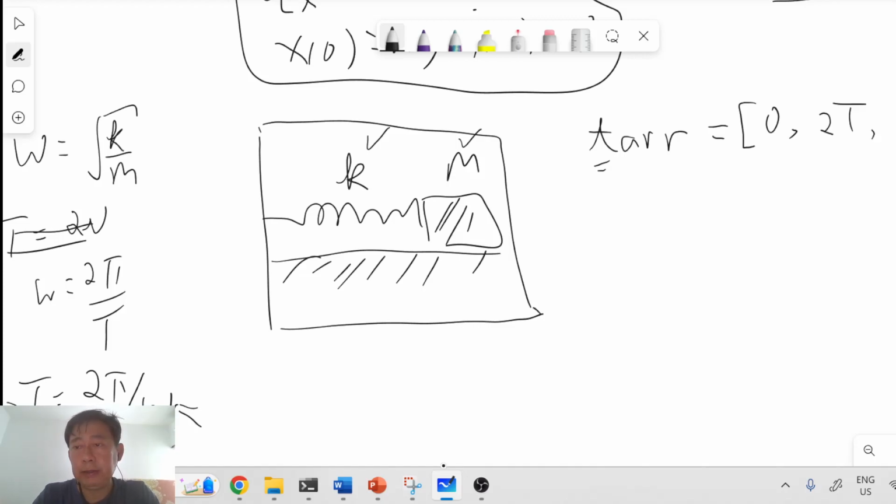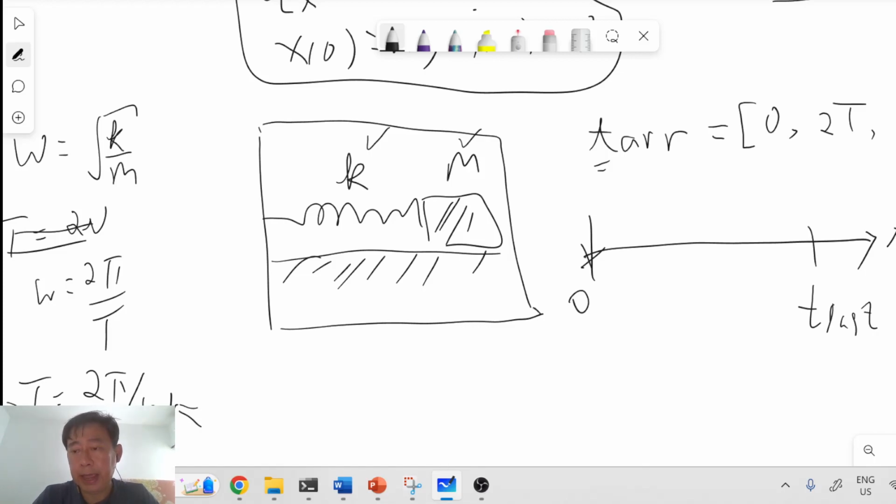Then you can specify how many grid lines you want to have. If this is a t grid, then you start from 0 and end at t last, where t last is the length of your simulation. If you set t last to be 2T, then it is possible for you to figure out how long it is.